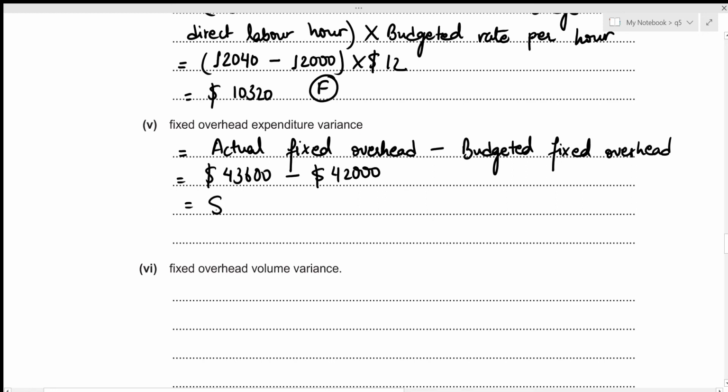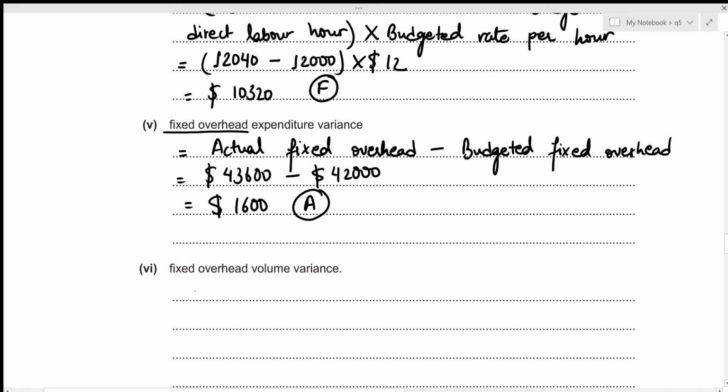So this gives our fixed overhead expenditure variance to be 43,600 minus 42,000, which results in the value of 1,600. And we are talking about fixed overhead, right, which is an expense, which means that higher the expense, lower the profit. And in order to get a favorable condition, our actual fixed overhead should be less than the budgeted fixed overhead, which is not the case here, because clearly our actual fixed overhead is higher than the budgeted fixed overhead, which results in an adverse condition.